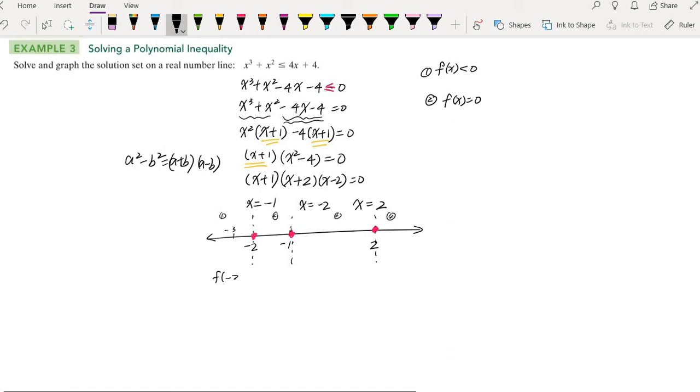So I'm going to test -3. Again, we have to go all the way to here. Recall what you're looking for: less than or equal to. If it's less than 0, then that is your solution. If it's greater than 0, that is not your solution.